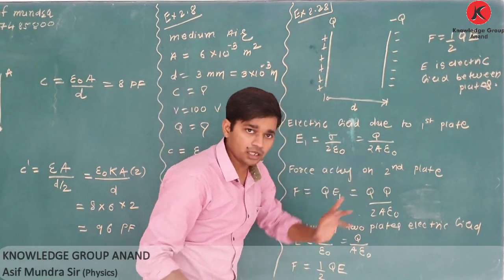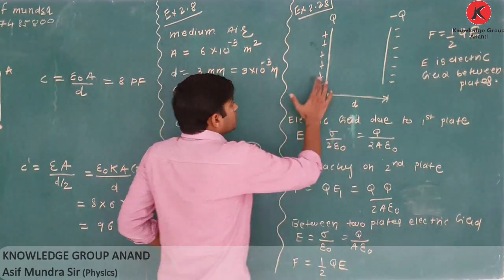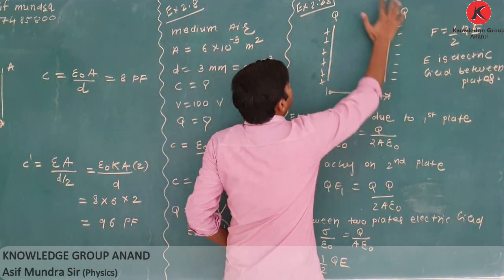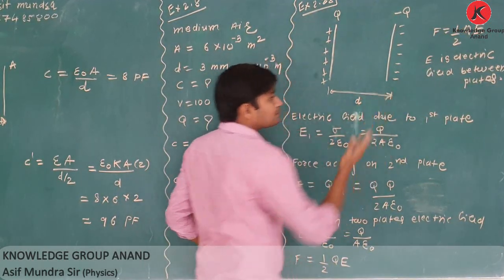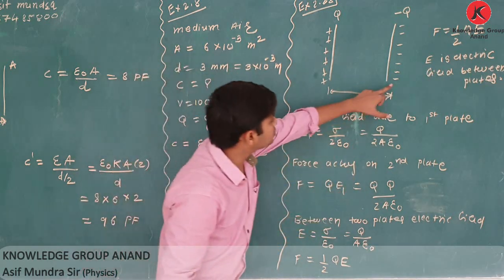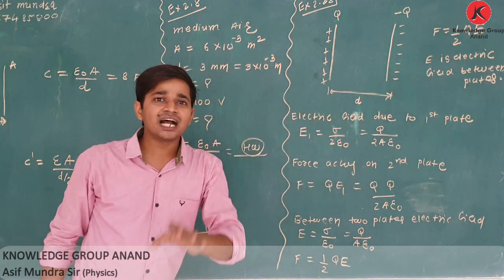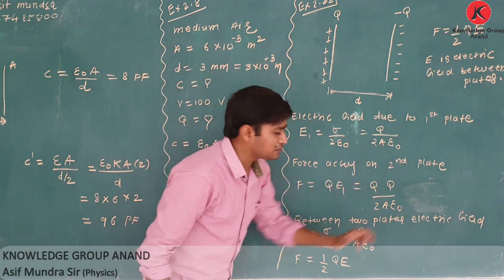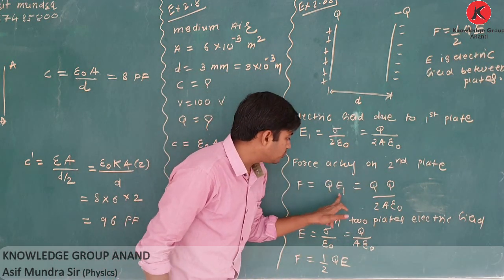We know that. Clear? Now, in the electric field of this plate, there is another plate, yes or no? Having charge minus Q. So the force acting on the second plate, F is equal to QE1.